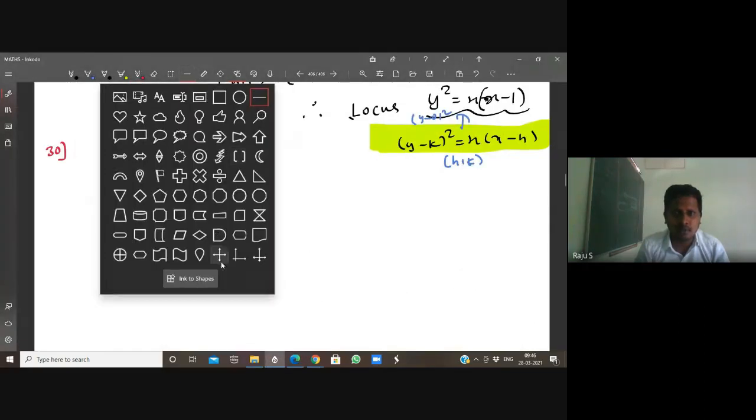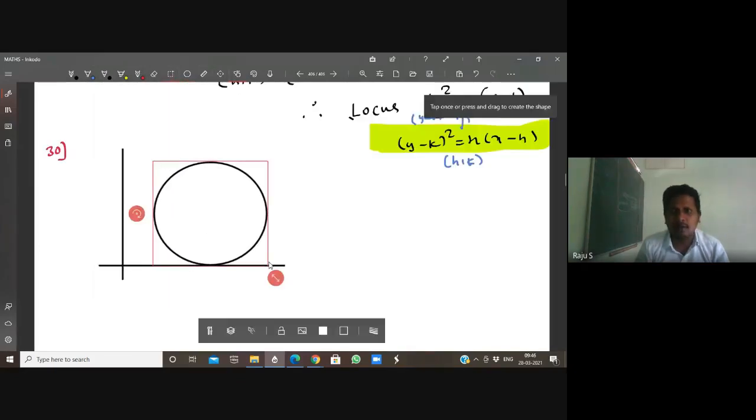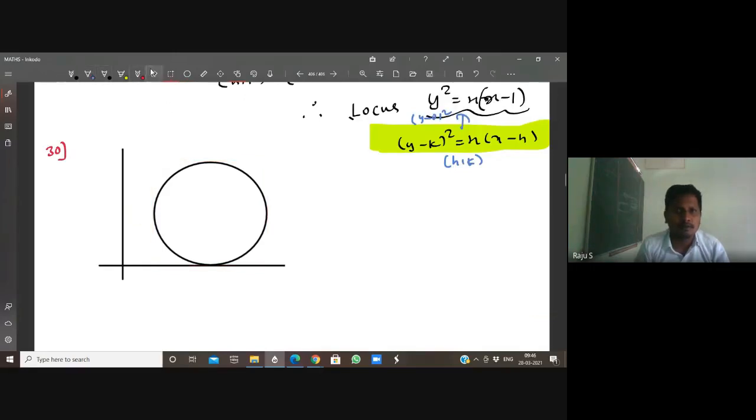Right? So here, see, there is a circle which is passing through 1 comma 1 and touching the x-axis. So this point I'm taking as 1 comma 1, and see, the center is h comma k.